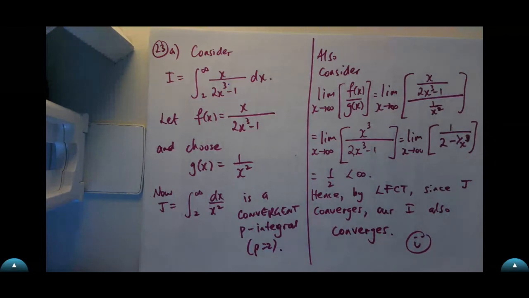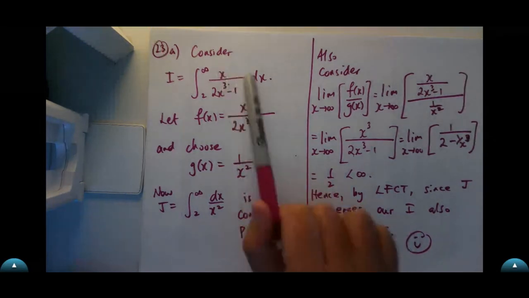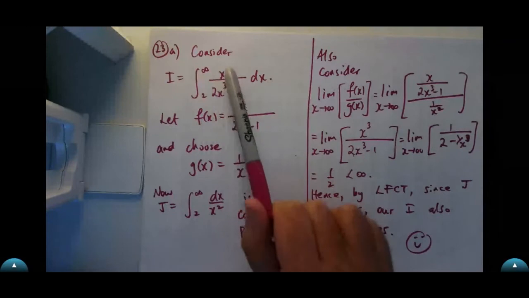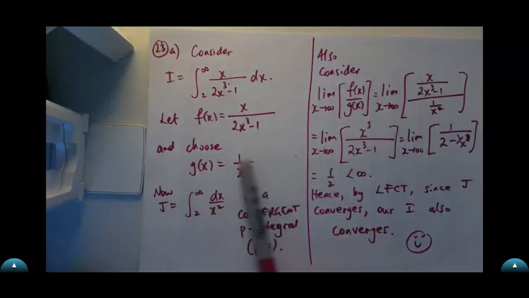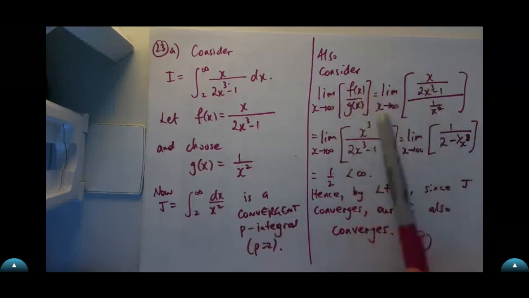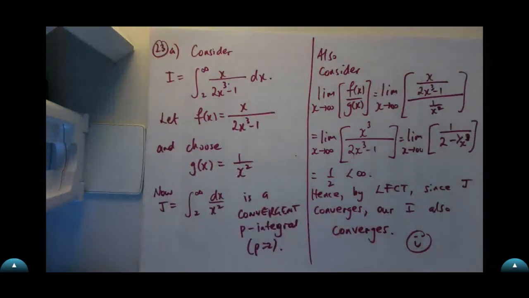So that's the idea. You think about it, you go, oh, okay, well, look at the difference between the powers, form a new integral where you know the behavior of the integral, and then check the limit. Okay, if the limit is finite, then whatever this new integral does, the original integral has the same behavior.